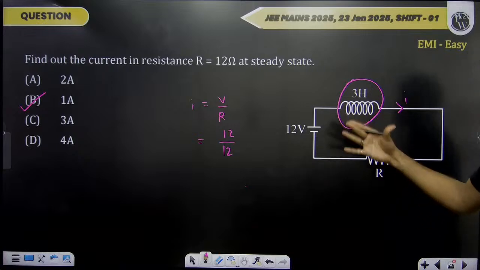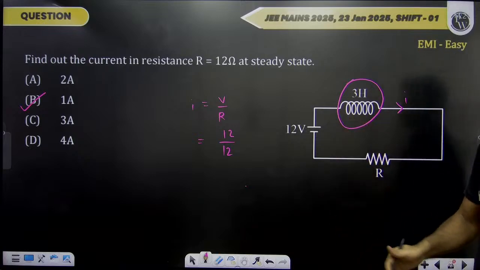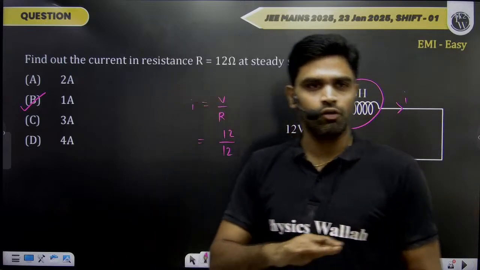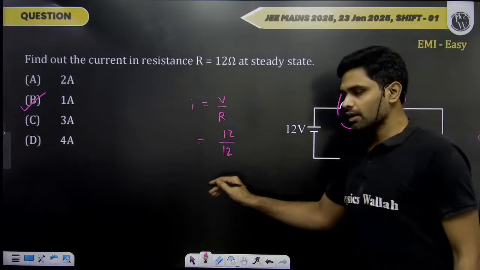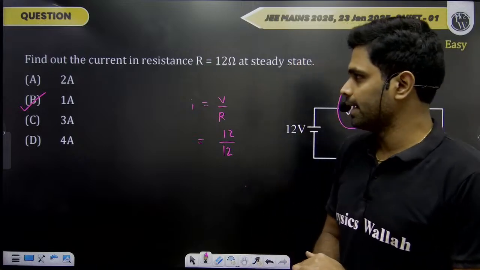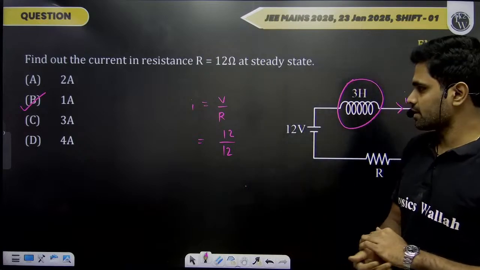The spin-off question for this would be a capacitor. Capacitor at the beginning will behave as a resistanceless wire and will allow full current, whereas after a long time it behaves as a breaking circuit or open circuit.